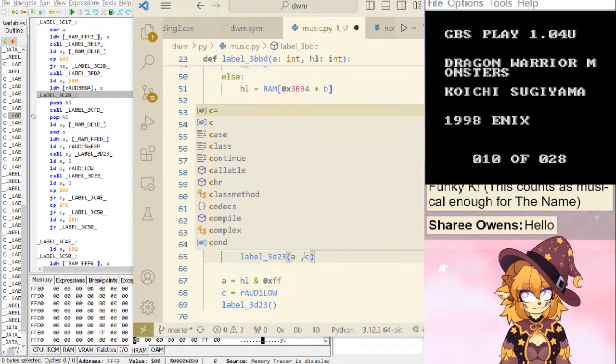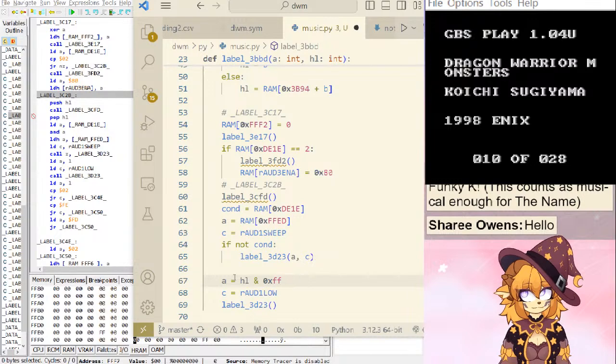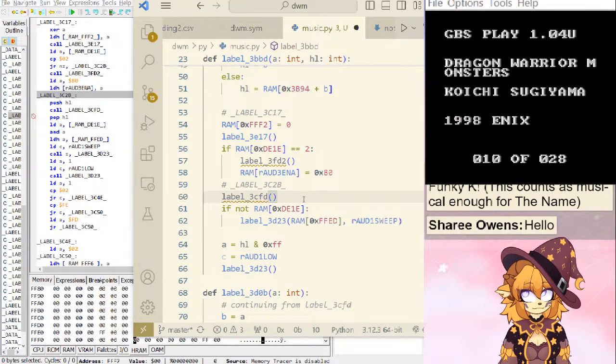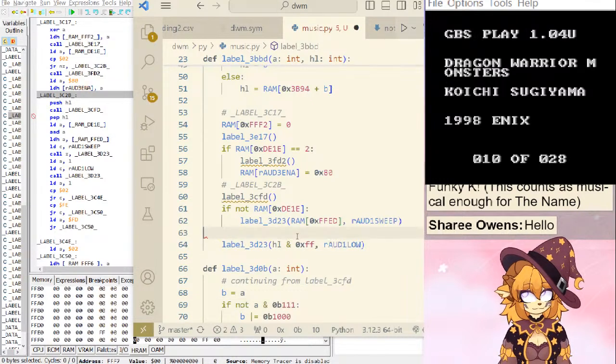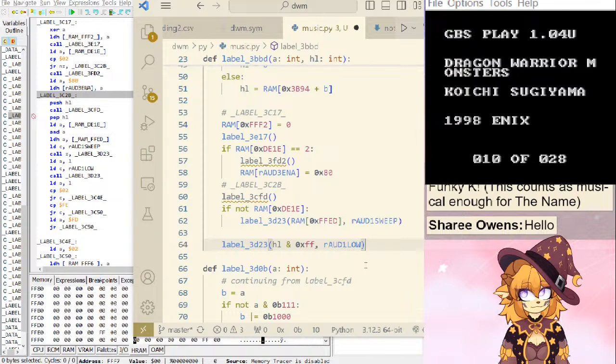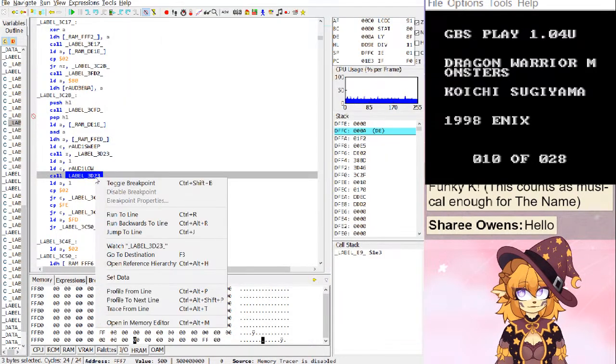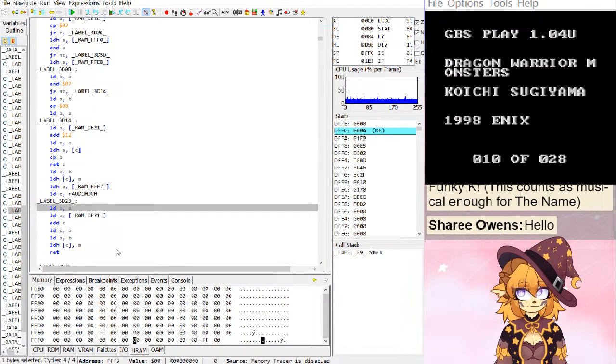So A, C. We can reduce this actually. Doesn't set HL, does it?